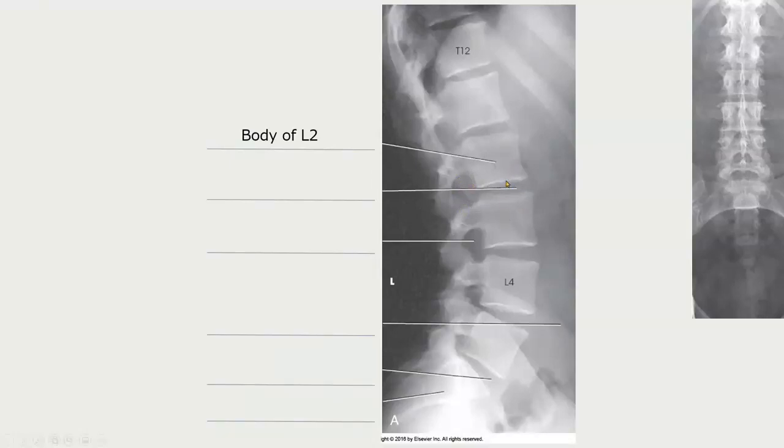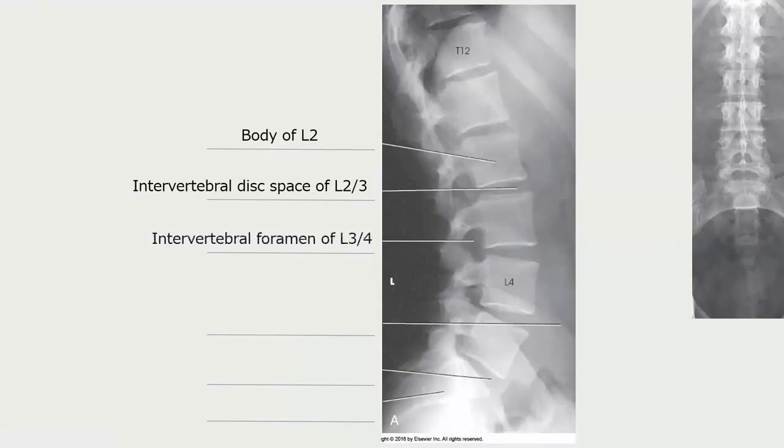The disc space or the disc? Got it. Intervertebral disc space of L2, L3. Note that I did say L2, L3. Be very specific on the images that we do on the test. The next one. Intervertebral foramina of L3, 4.